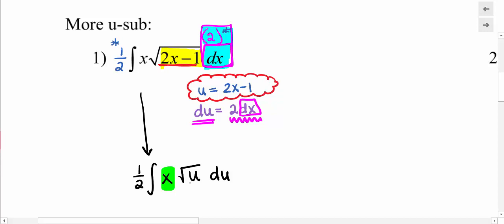That's how I got the square root of u in this antiderivative. That relationship actually relates x and u in any form that you want. So for example, I can solve that for x. That's going to tell me what x is in terms of u.